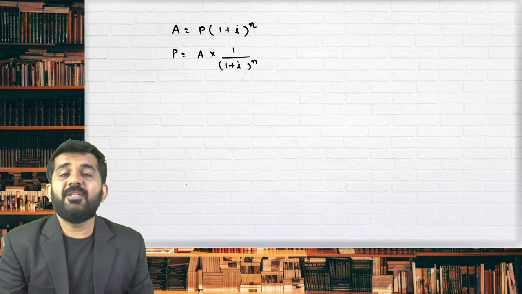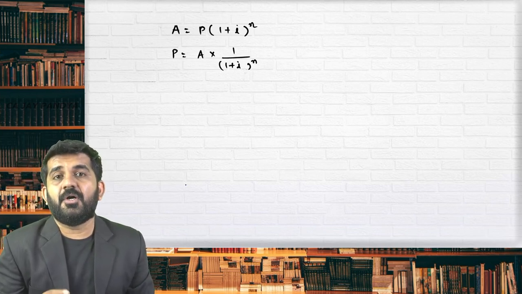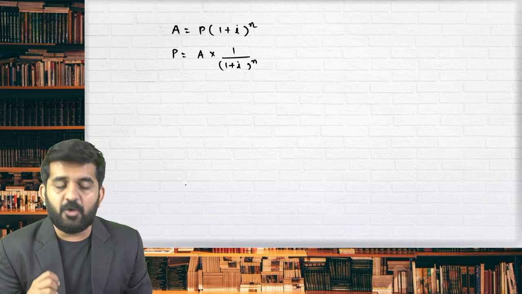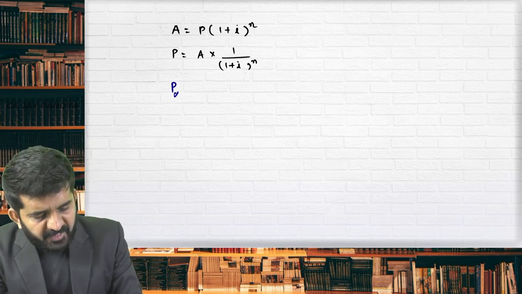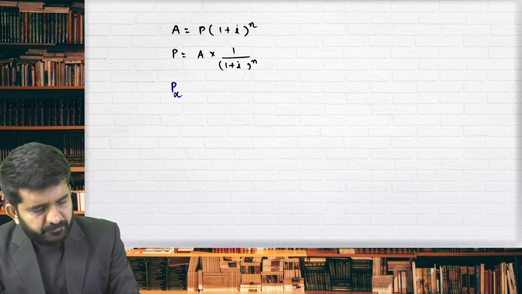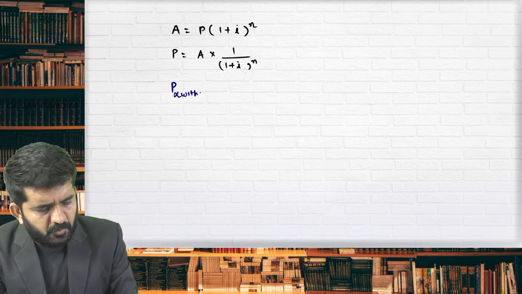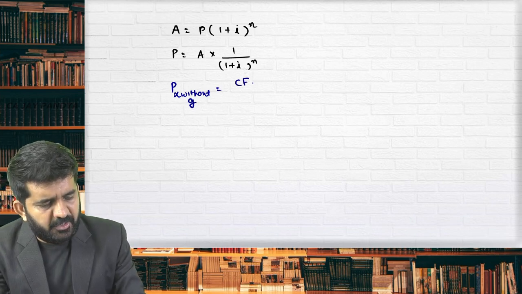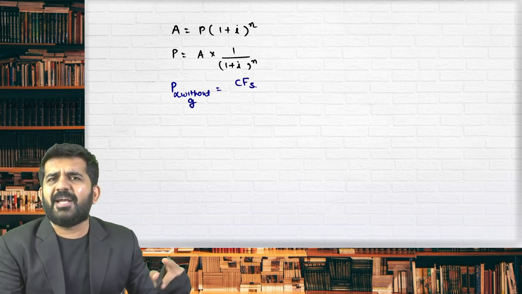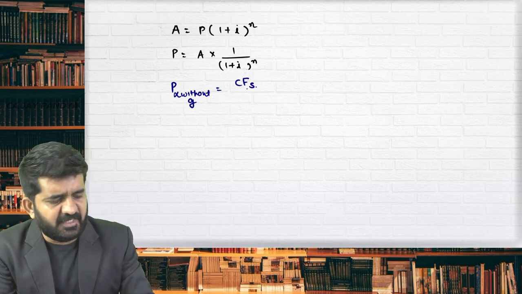Next, when you need to find out a present value of infinite cash flow without growth, it is value of first year. I am writing cash flow because normally in finance it will be cash flow.